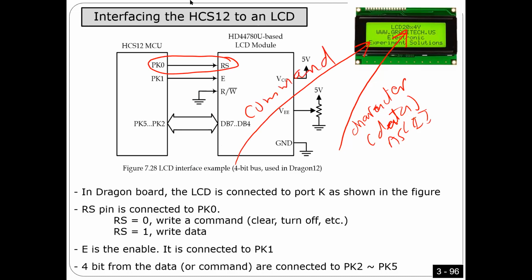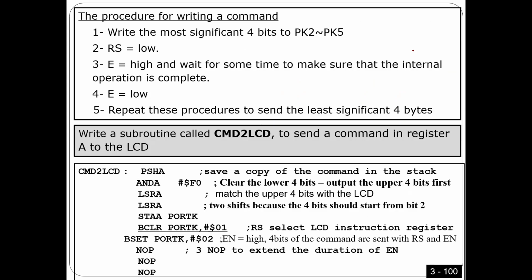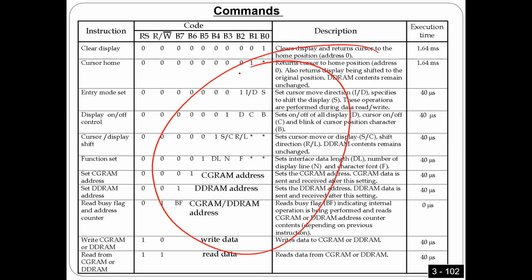So what you are sending to the LCD can be the ASCII of a character to display, or you can send a command. So what do you mean by command? We have too many commands. For example, one command can clear the LCD. You can turn the LCD on, you can turn it off, and we have more. As I'm going to explain later, we have many commands here.